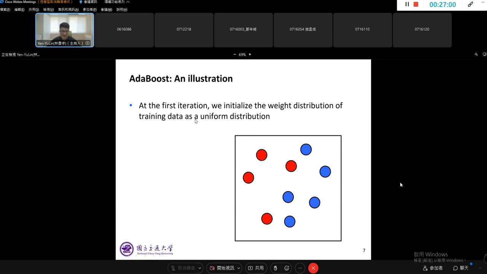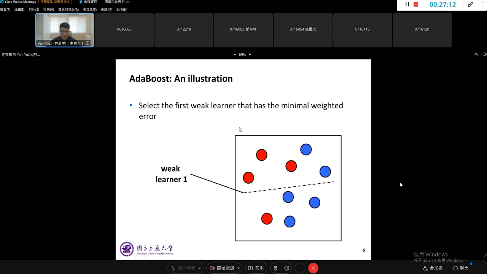We often say that this is a uniform weight distribution because all the data points have exactly the same weight in initialization. For classification, this is the decision boundary of the first selected weak learner, weak learner number 1. The weak learner is a linear classifier, so this is the decision boundary.